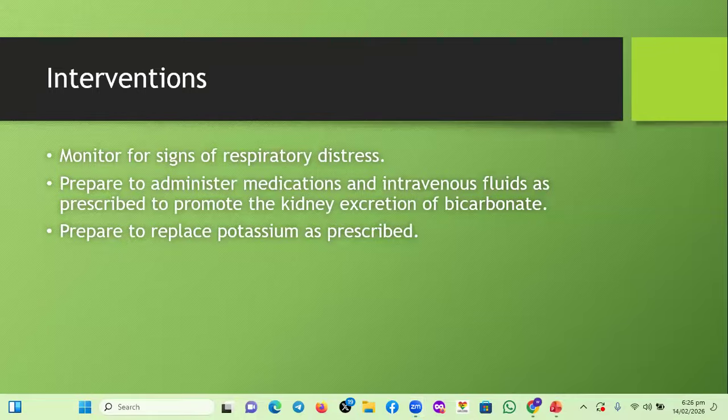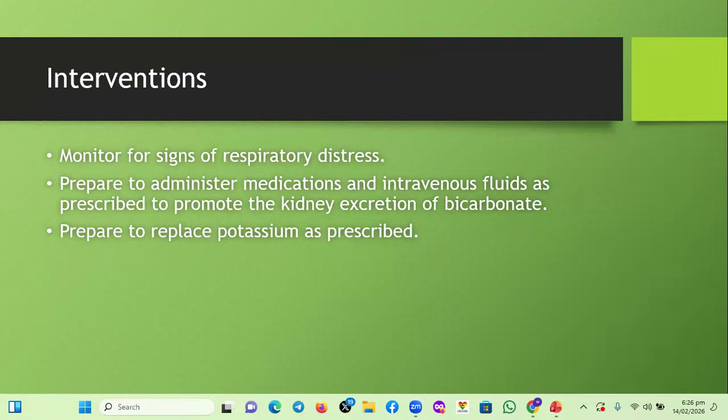Hypo and hyperkalemia with the metabolic thing, please? Okay, so I said that in someone experiencing metabolic acidosis, you expect potassium levels to be high. What happens is that the system knows that there is too much acid in the blood.